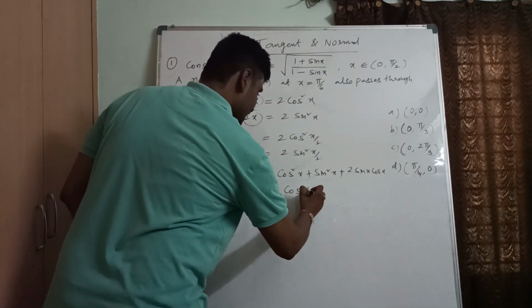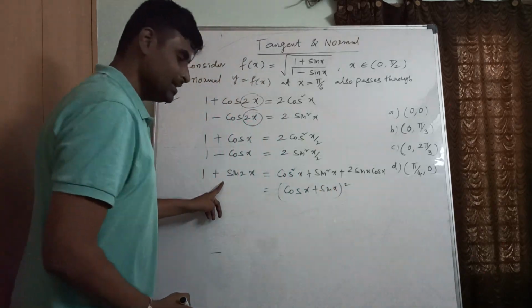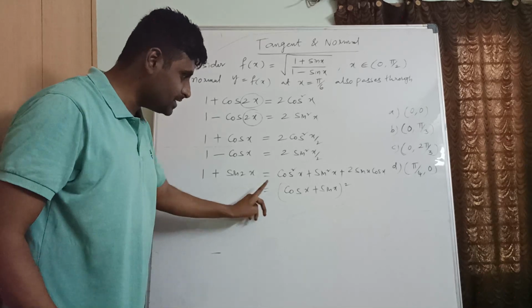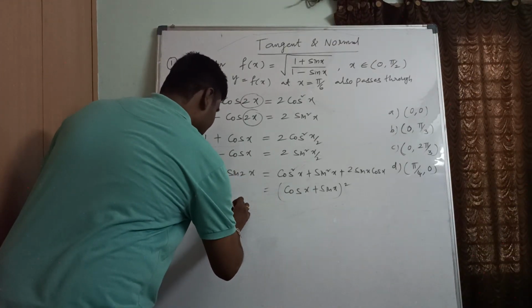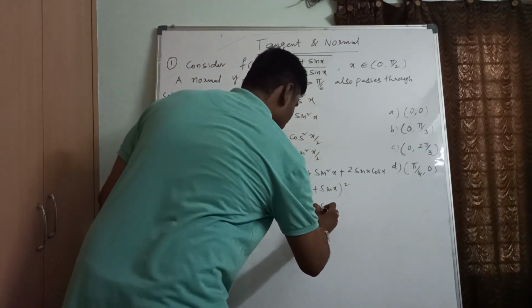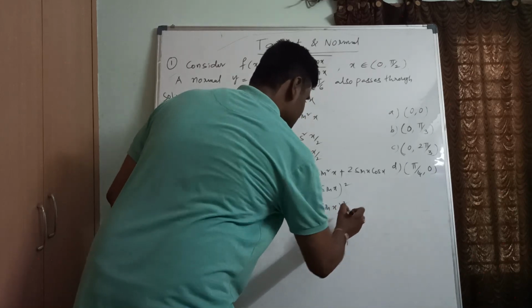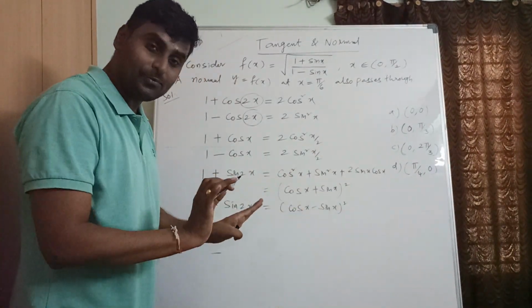(Cos x plus sin x) whole square. This is very important. Whenever we have 1 plus sin 2x, it is (cos x plus sin x) whole square. Similarly, how can I write 1 minus sin 2x as (cos x minus sin x) whole square? These two things are very, very important, right?